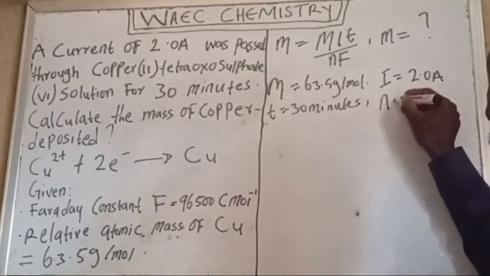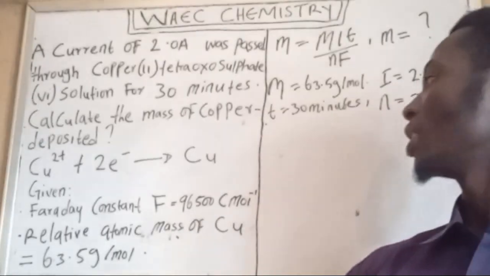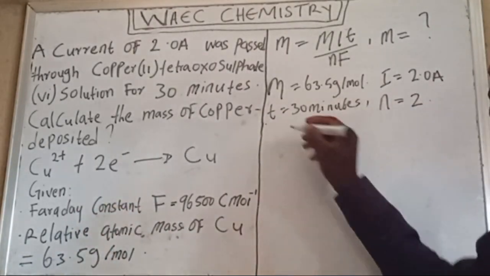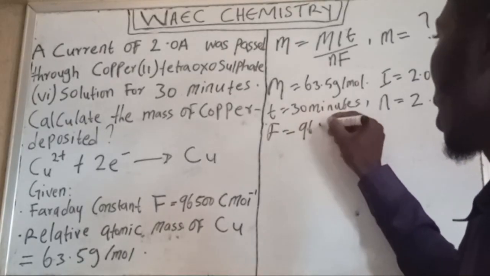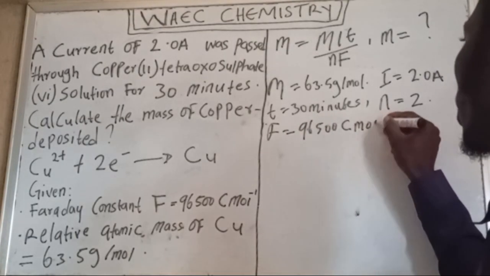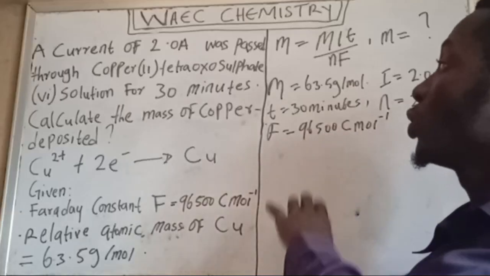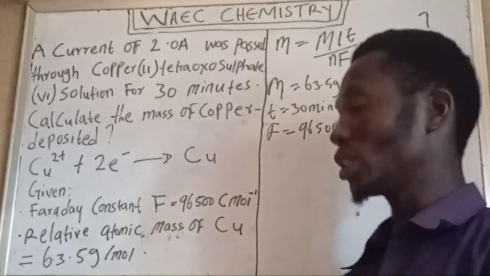So our n is equal to 2. The last in our formula is F, the Faraday's constant, so our F is equal to 96,500 coulomb per mole.